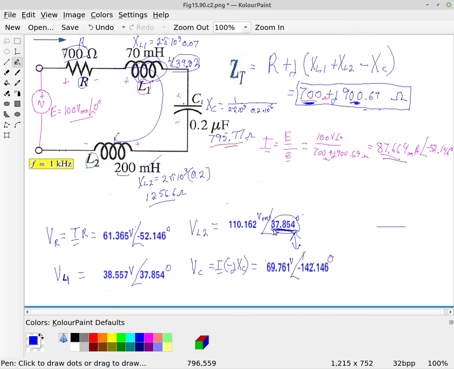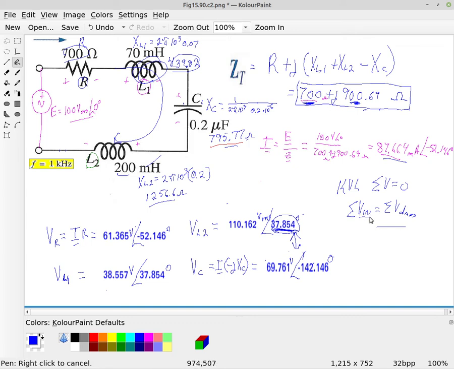All right, so here's our values for these voltages. Now remember, Kirchhoff's voltage law, KVL, says that the sum of the voltages is equal to 0. Or to write it a different way, the sum of the voltage inputs is equal to the sum of all the voltage drops. Okay? Or voltage out, if you want to call it that.